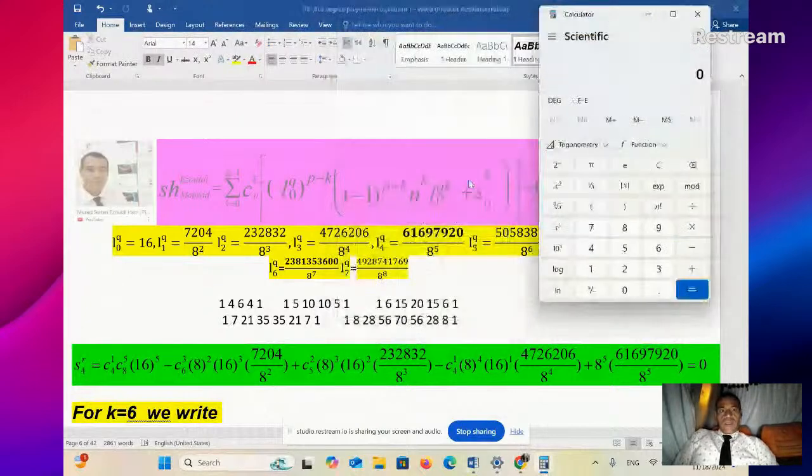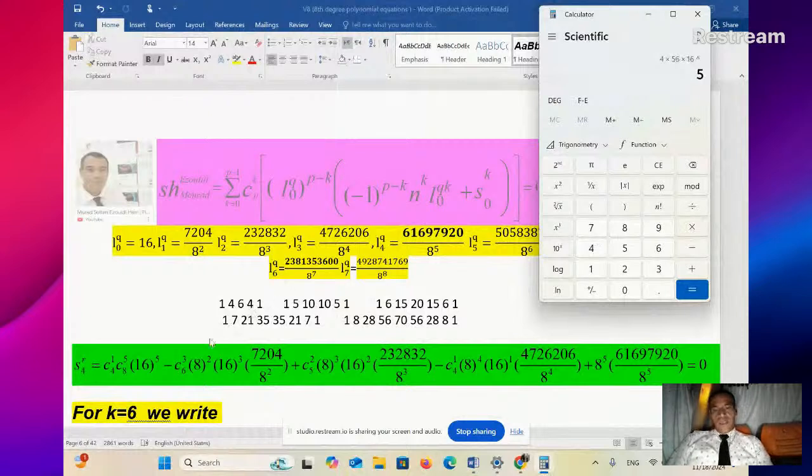So we have a combination 4 choose 1, minus 4. I'm going to write 4 minus 8 choose 5. 8 choose 5. This is 1, this is 2, this is 3, this is 4, this is 5. I'm going to use 56. Minus 56, times 16 raised to the power 5.